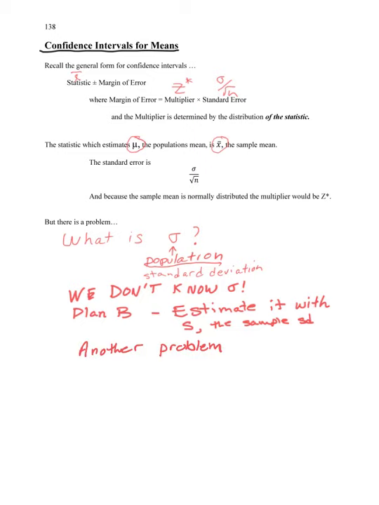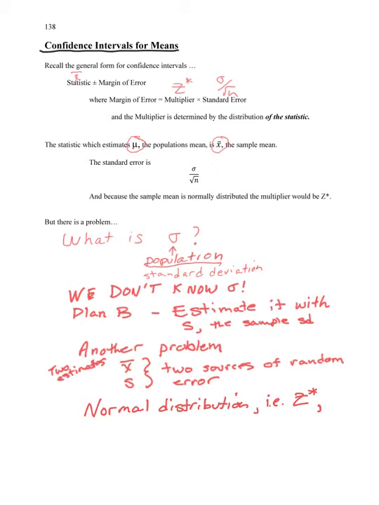So that's a good plan, but now that presents another problem. And that is that we have two estimates, sample mean and sample standard deviation. Both of these are not going to be exactly equal to the true value. And so that means that we have two sources of random error in our problem.